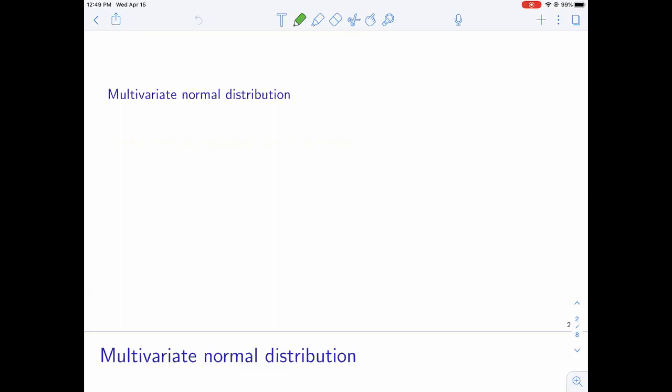Normal distribution, we can say, the shape is bell, and we know about the mean and variance, and also about the function f of x is 1 over the square root.